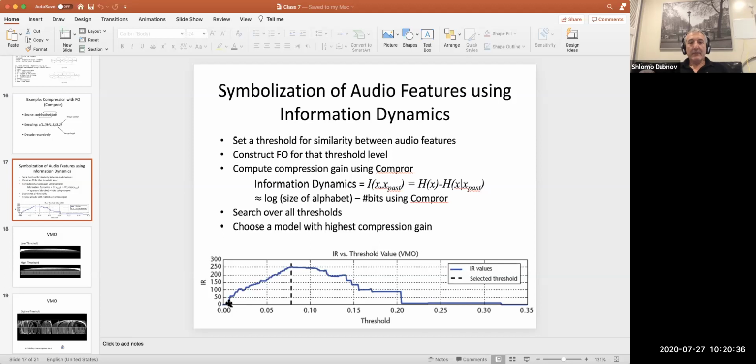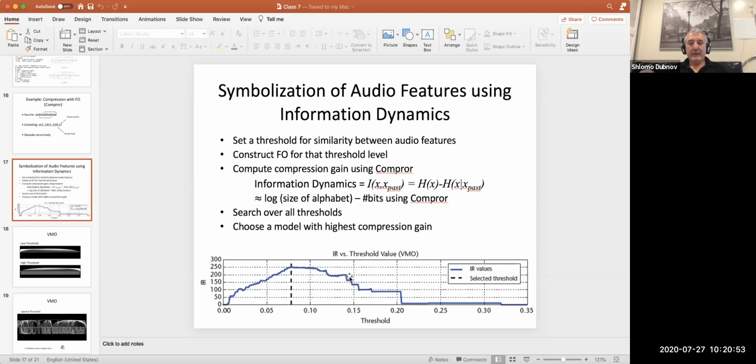The number of symbols, or the number of clusters, will of course decrease with the threshold. So when we have a very fine threshold, we have a huge alphabet. Here we have just one symbol.